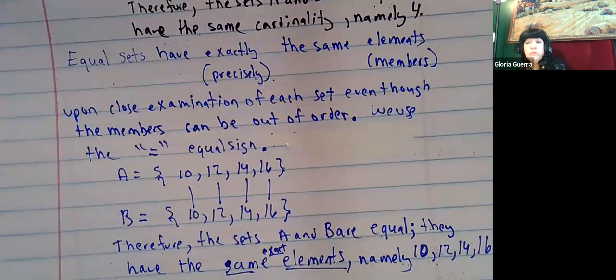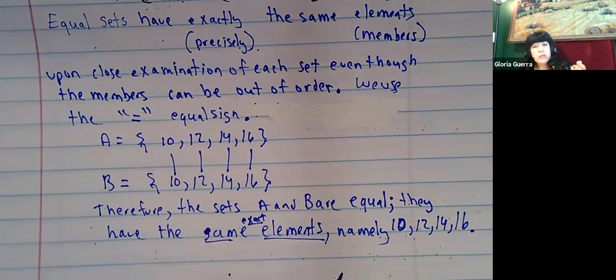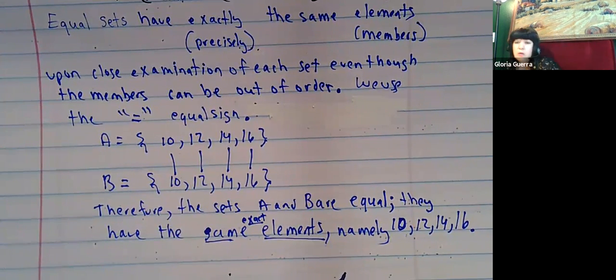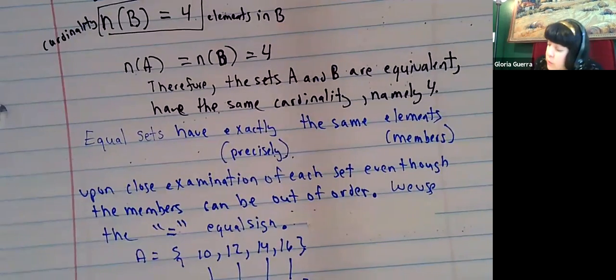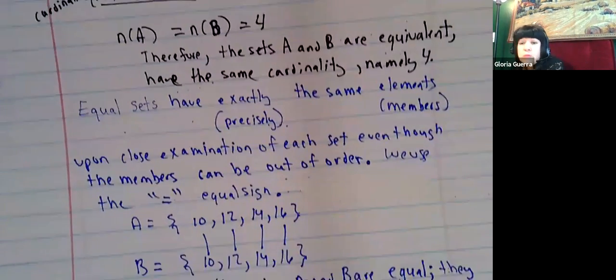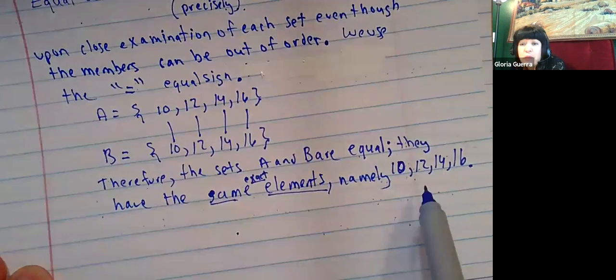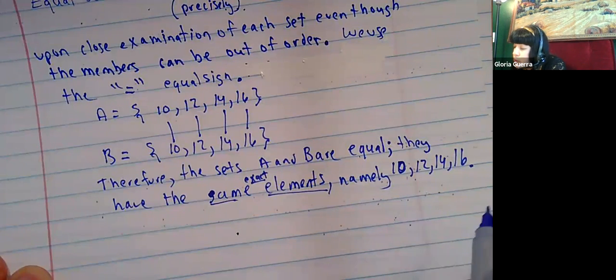So you have to be specific, and you have to decide whether they're equal or not, and you have to explain why. You can't just say they're equal and leave it at that, or they're not equal and leave it at that. Be ready to explain why on your paper. These have the exact same elements, so they're equal. Okay.